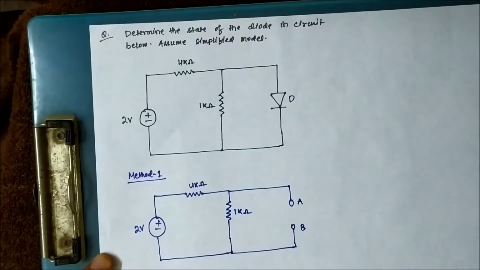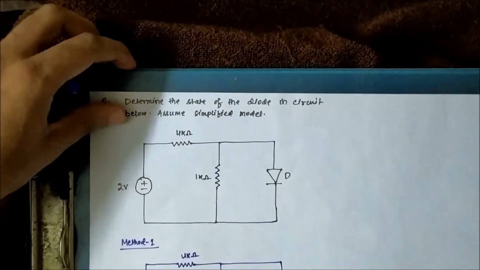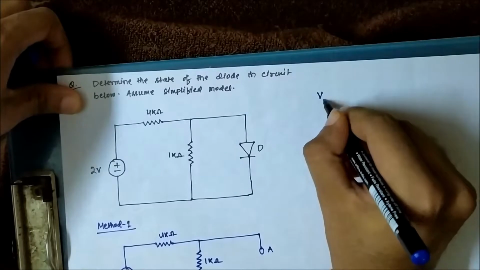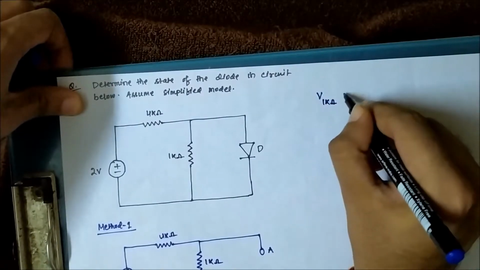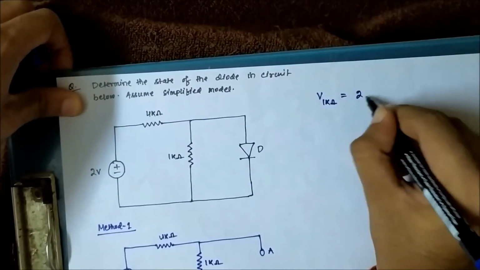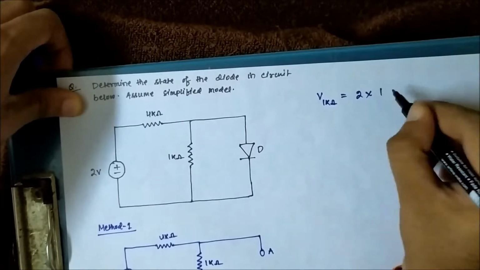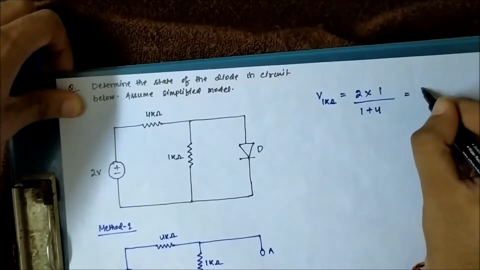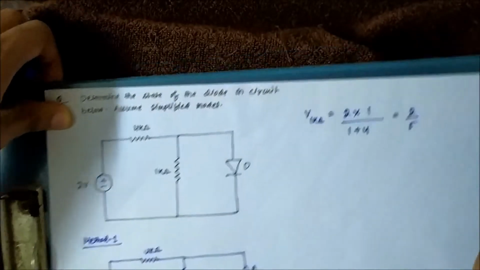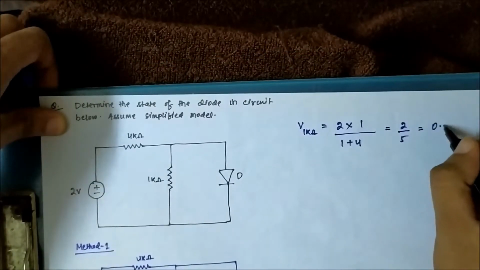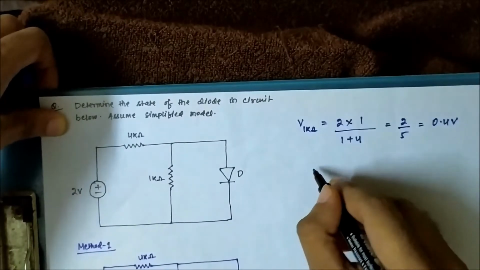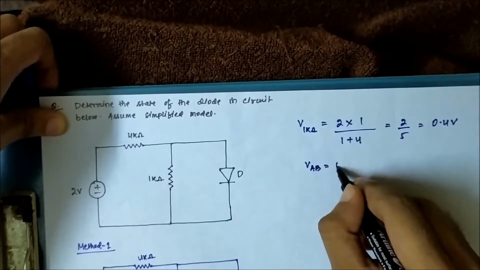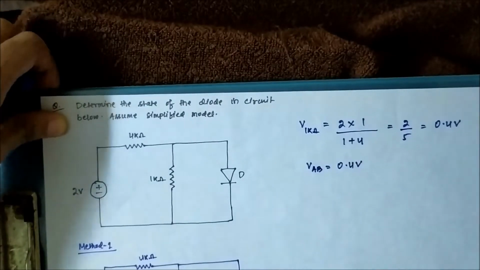So the voltage across the 1 kilo ohm resistor is equal to 2 into 1 by 1 plus 4, which is equal to 2 by 5, which is equal to 0.4 volt. So the voltage across the two terminals A and B is 0.4 volt.